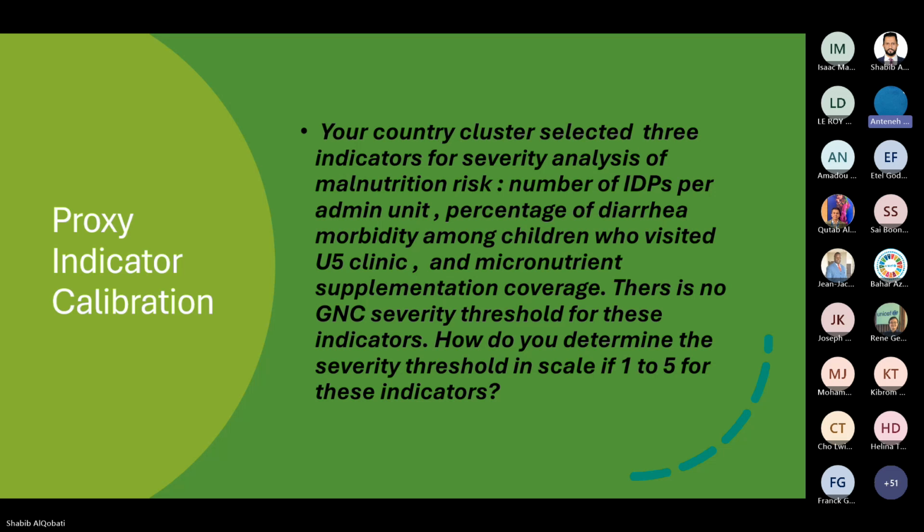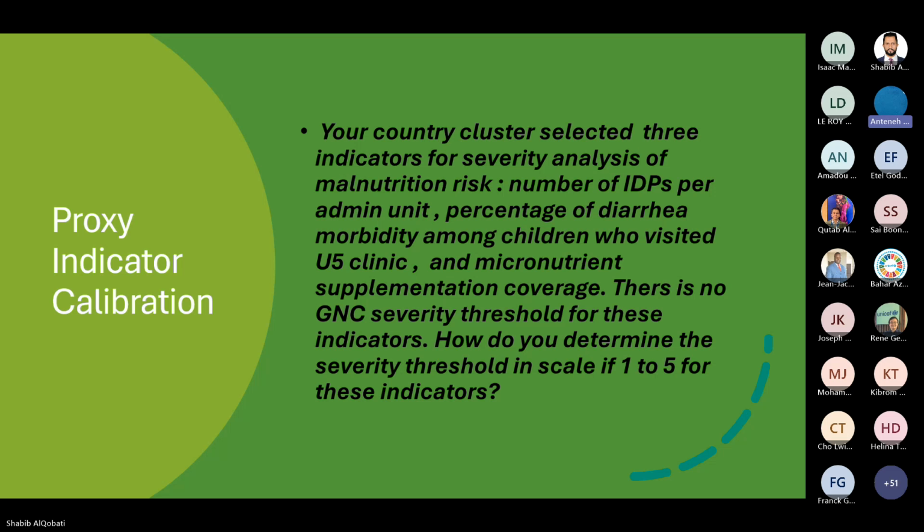So what this implies is that we need to make sure that those indicators are recalibrated. Even if you can identify proxy indicators, you may not have a global reference for them. The global reference you have is for standard indicators.